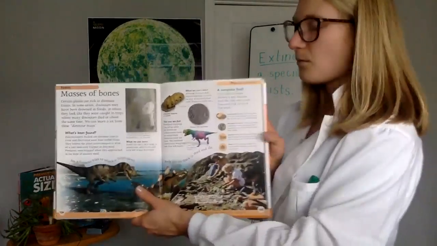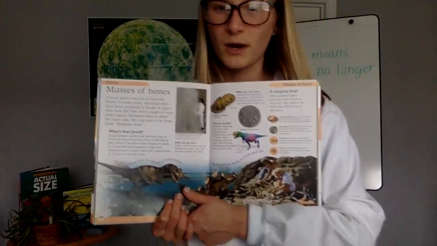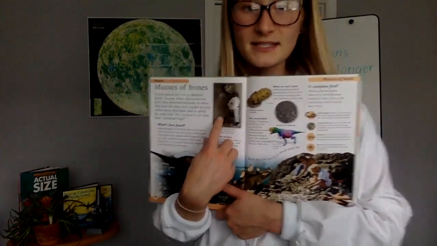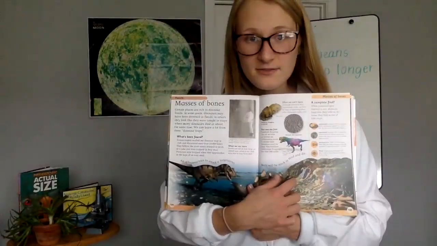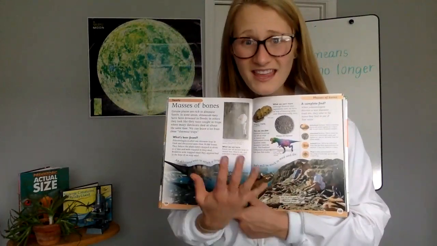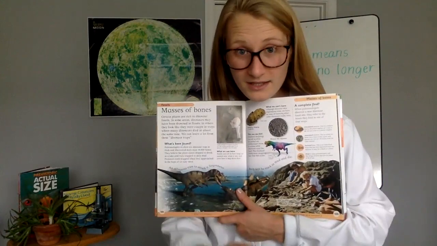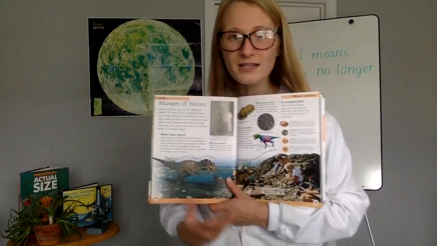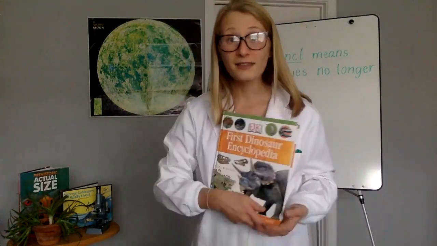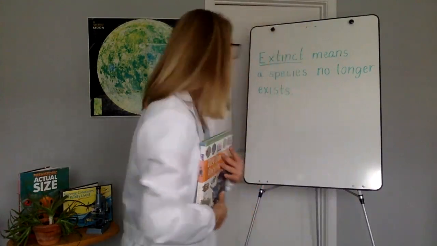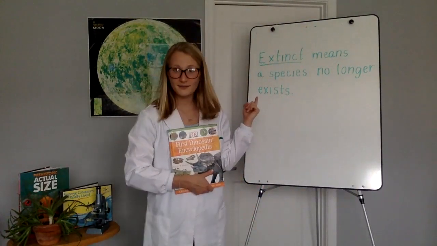And so when paleontologists work to find these dinosaur bones, these fossils, then they study them. It's their job to study what dinosaurs were like when they existed, before they went extinct.